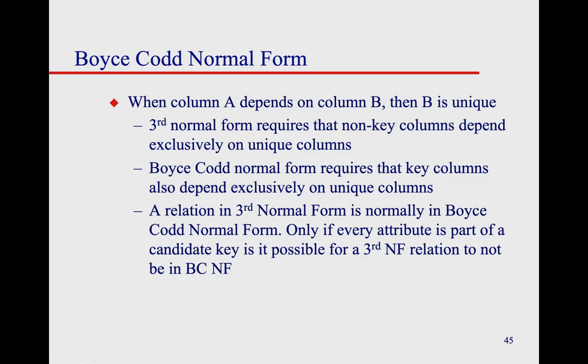So as far as I can determine, the only time that a relation in third normal form is not in Boyce-Codd normal form is if every attribute in that third normal form relation is part of a candidate key, and there is some dependency between those attributes.